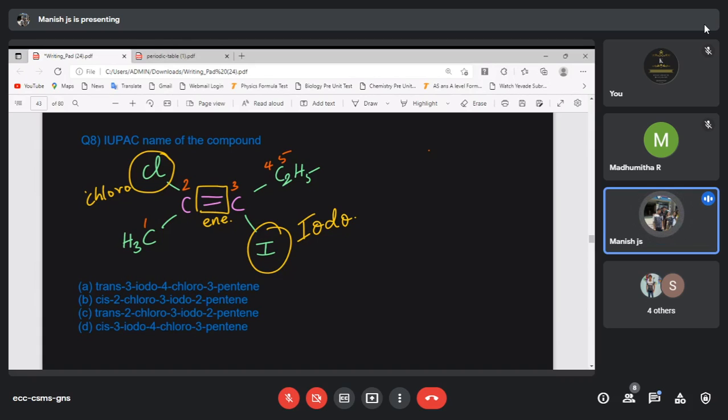So that is why the correct option is option C. So trans 2 chloro 3 iodo 2 pentene is the correct name.